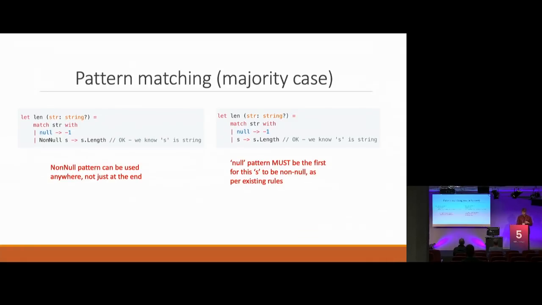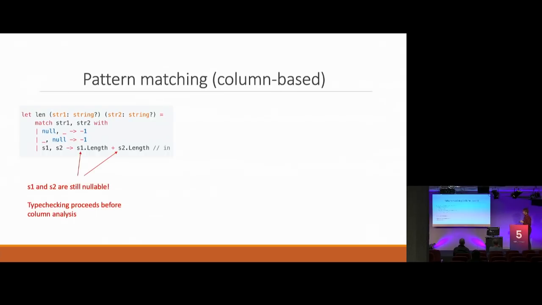But it gets a little more complicated if you do column-based pattern matching, meaning pattern matching over tuples. So in this case right here, you might think that this particular function is fine, but it's actually not. It'll produce warnings on S1 and S2.